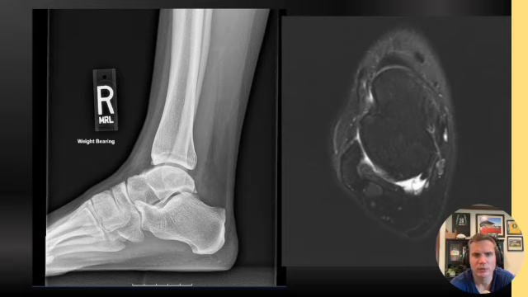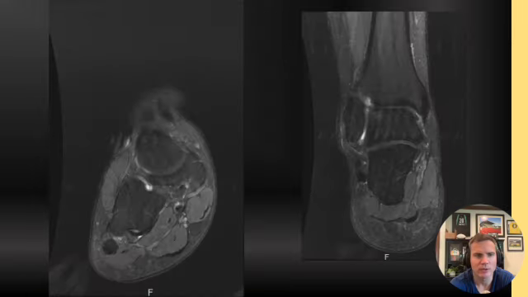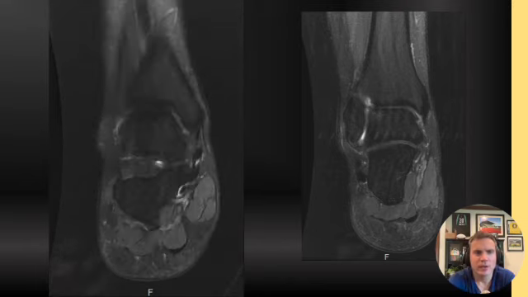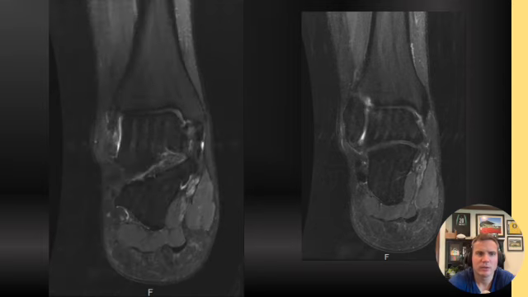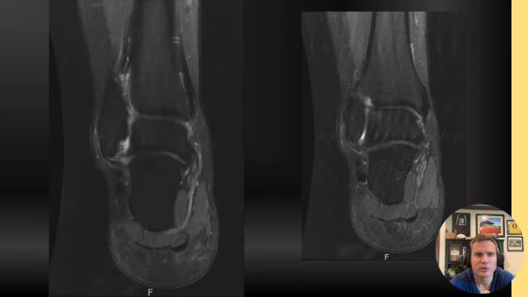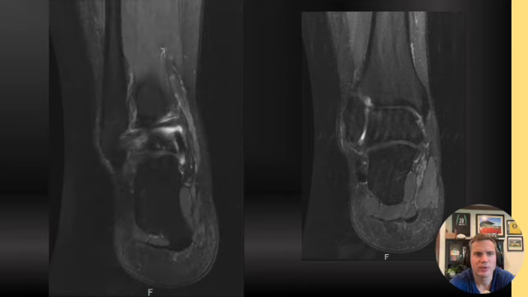Her axial view certainly shows a disruption of the ATFL, and if you look at her coronal images, you see a little bit of disruption of the CFL, a little bit of fluid around the peroneals, a little bit of fluid in the joint itself, but nothing too concerning going on in terms of the bony structures.